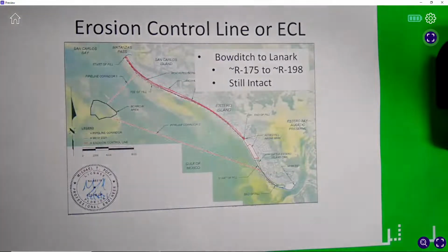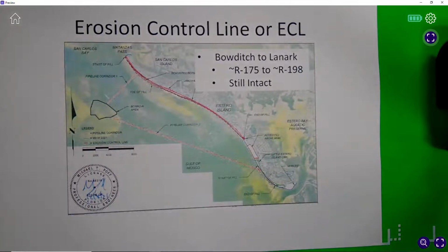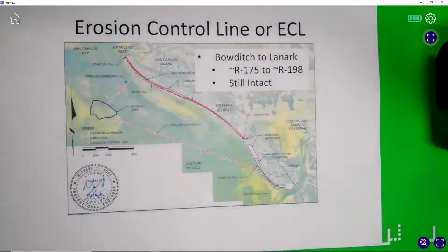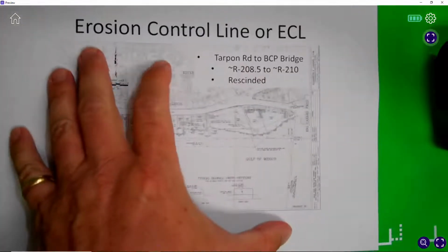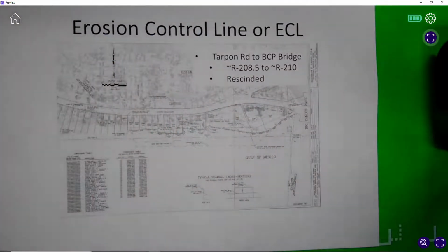Okay, so this just shows the ECL that's still intact, again, from Bowditch Point on the north, about 2/3 of the island southeast to Lanark, or thereabouts, maybe Gulf Road, somewhere around there. This is a picture of the old survey showing the beach as it was then.